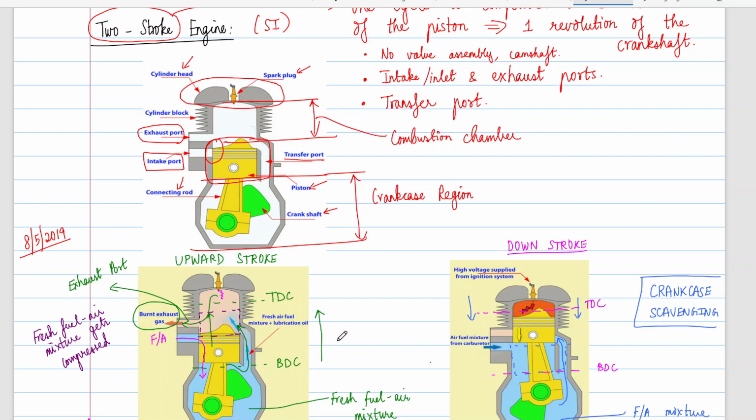And when the piston is moving up, the exhaust gases will go out. So as you can see, there is also a risk of exhaust gases taking some air fuel mixture with them, reducing the efficiency. A little bit of compression will happen because of the motion of the piston, but in essence that is to facilitate the flow of air fuel mixture into the main combustion chamber. Okay, got it.